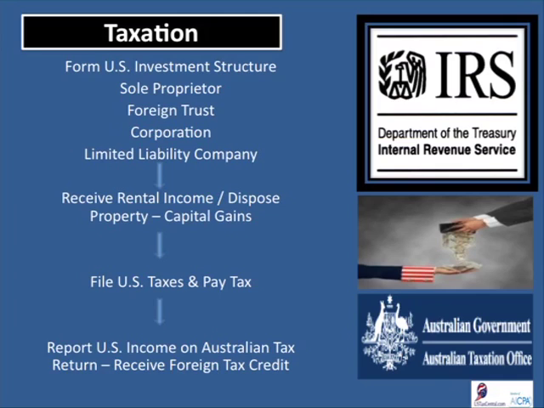Normally what would happen is you, as an investor, would purchase property in the USA. And if you've got property in the USA, you're sourcing your income from the USA. So the USA has first taxation rights on the income that you have sourced in the USA.